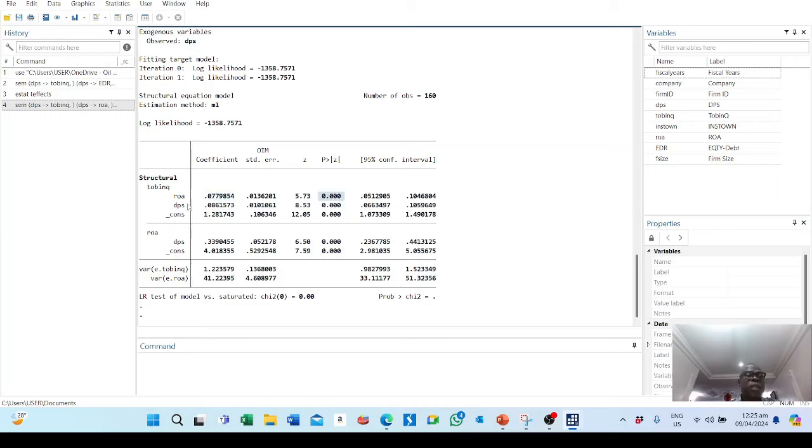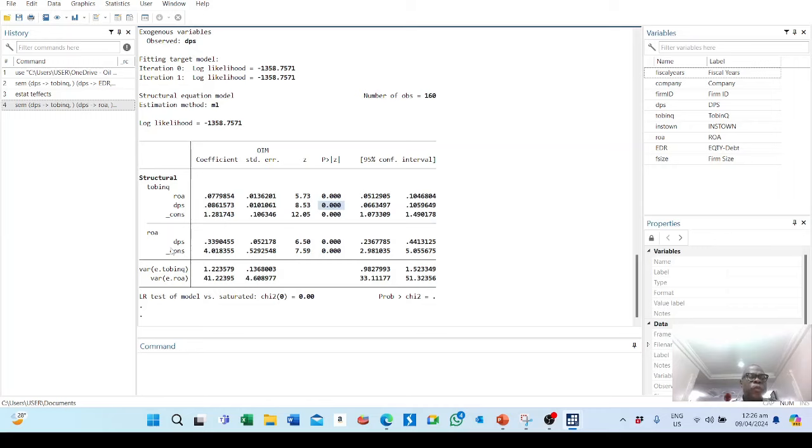This is to say that ROA has a highly significant direct effect on Tobin's Q. Dividend per share also has a positive coefficient and a highly significant p-value, because the p-value is 0.00%. So dividend per share has a highly positive and significant effect on Tobin's Q.